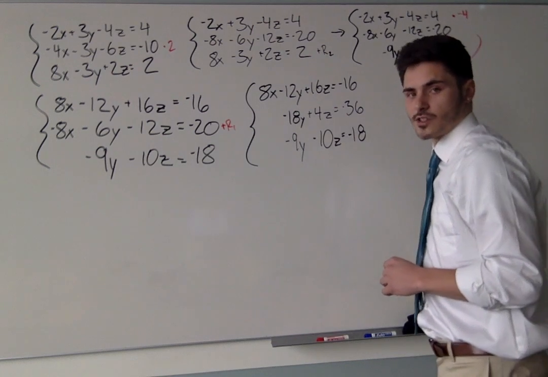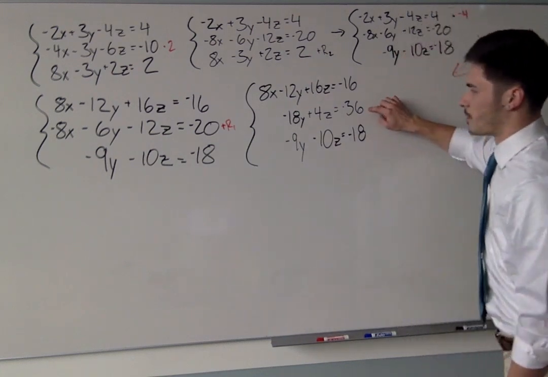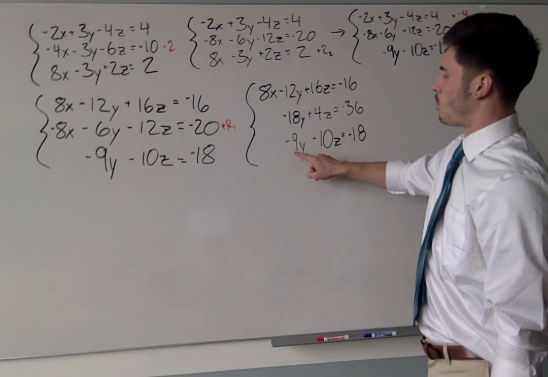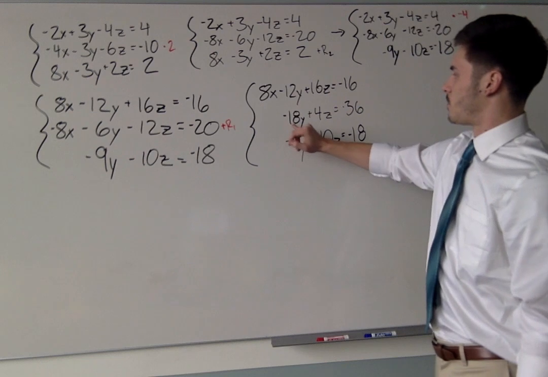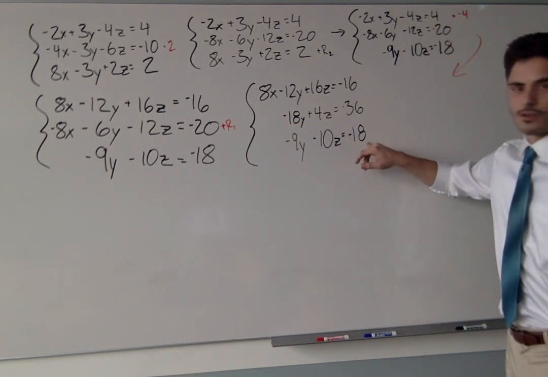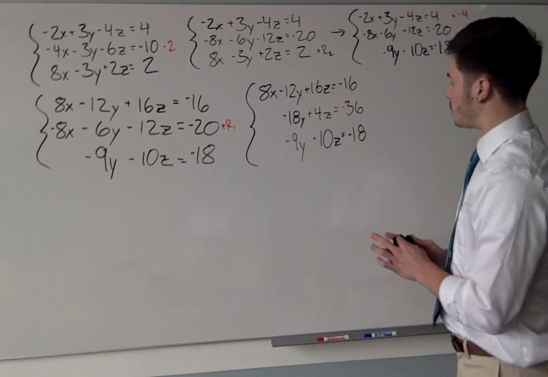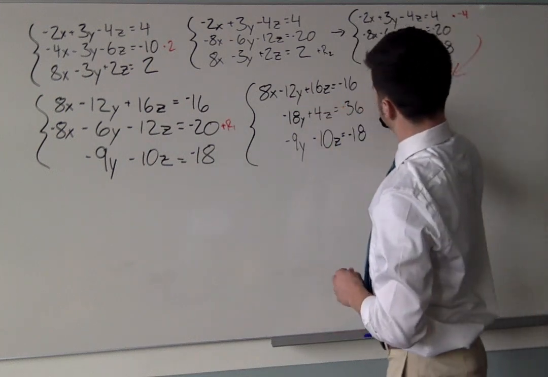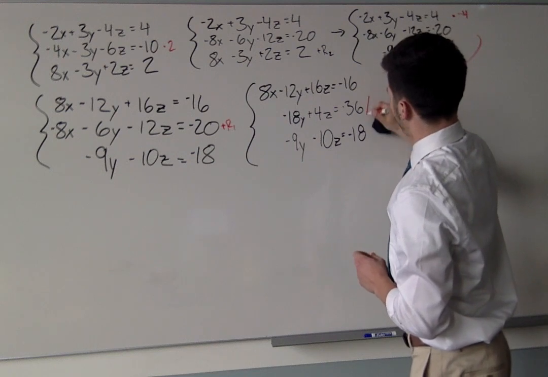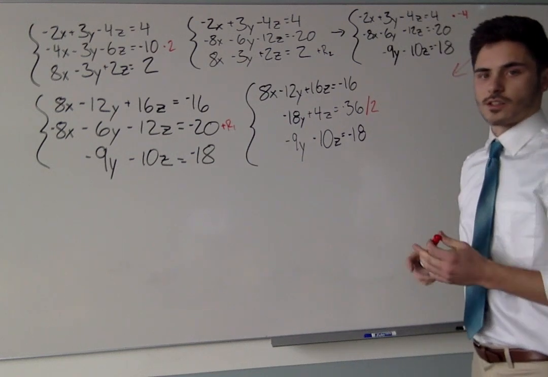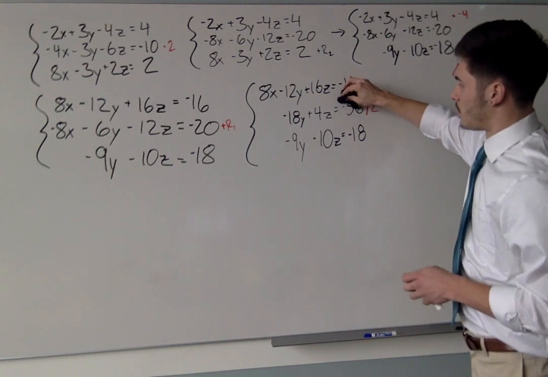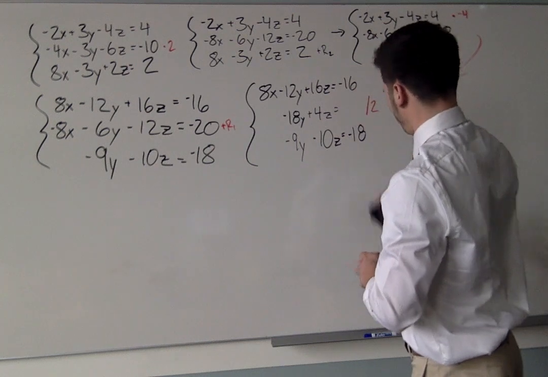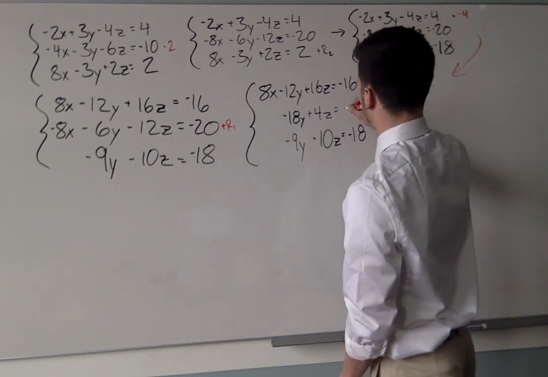Something I'm going to do to this equation real quick is divide this whole thing by 2, because it looks like this y term is half of this y term, and this total is half of this total. To signify that I'm dividing this by 2, I'm going to erase everything and rewrite it in red so that you can follow along right here. So negative 36 becomes negative 18.